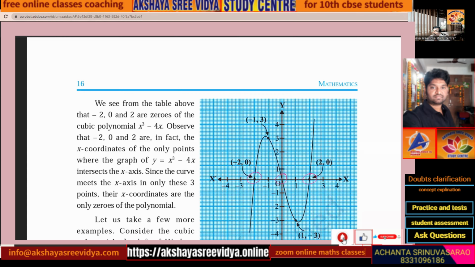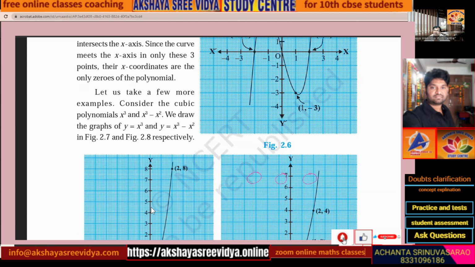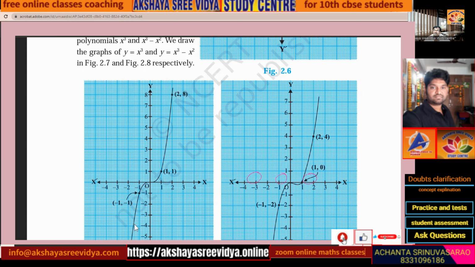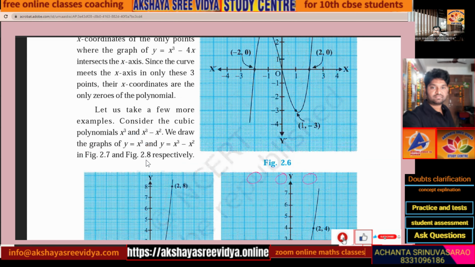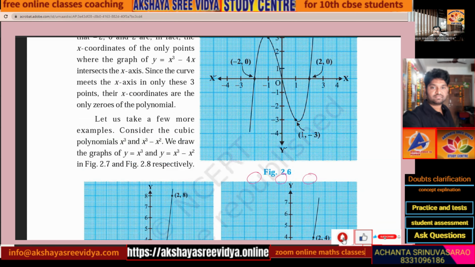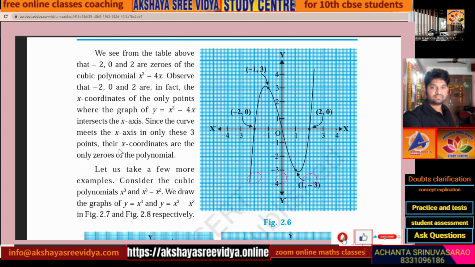Clearly 3 zeros. Okay. Are you able to understand? Any more doubts? This is the cubic polynomial.